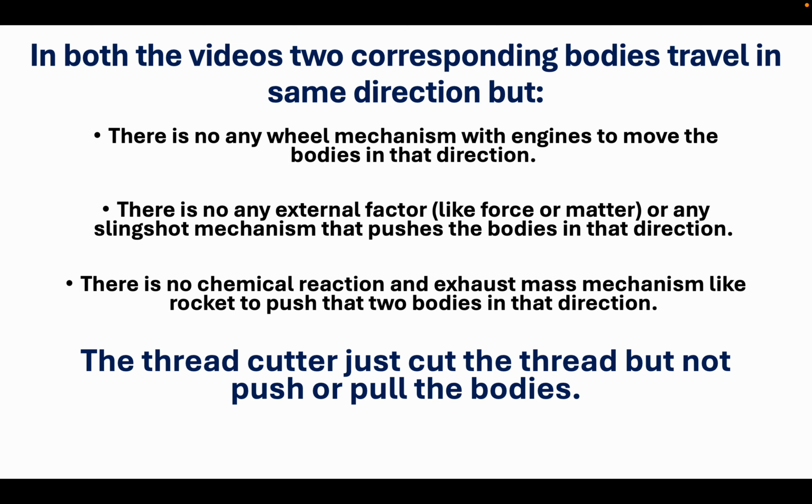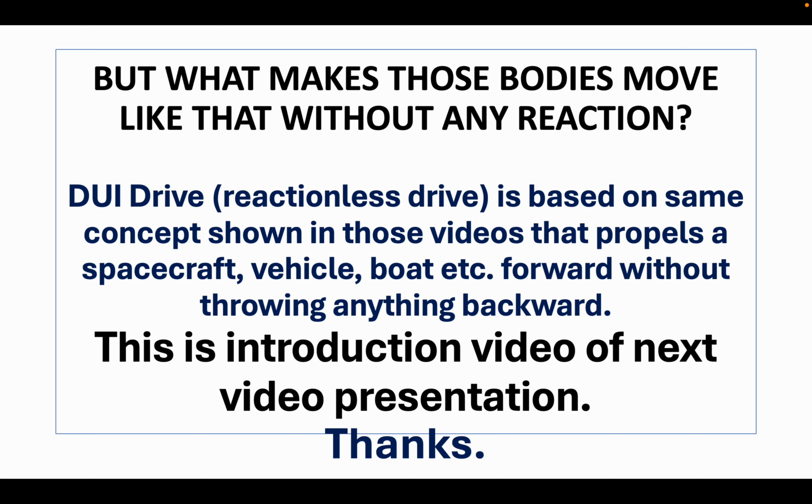There is no chemical reaction and exhaust mass mechanism like a rocket to push the bodies. The thread cutter just cut the thread but did not push or pull the bodies. It just cut the thread and made the system imbalanced, and two forces are activated and they move forward. Okay, let's move to the next slide.